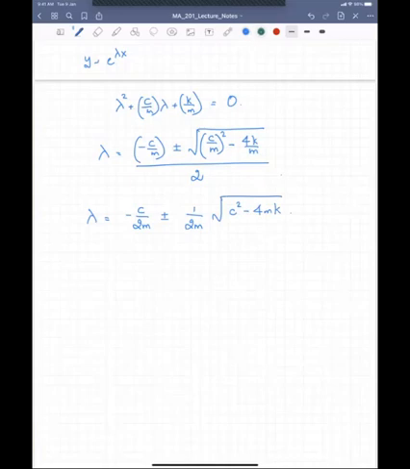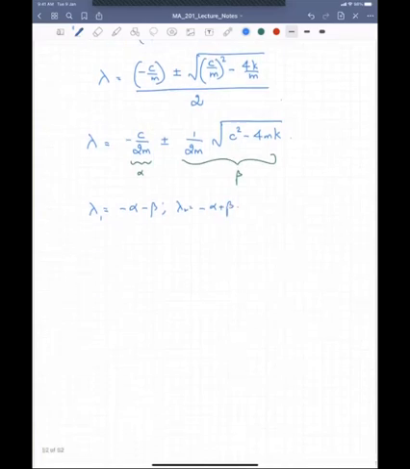So I'll call this some alpha and this is some beta. And so lambda 1 is minus alpha minus beta, and lambda 2 is minus alpha plus beta. So far, so good. So you can always write down the general solution as a e to the minus alpha minus beta times t plus b e to the minus alpha plus beta times t. But we still have to worry about what happens in three cases, depending on what happens inside the square root.